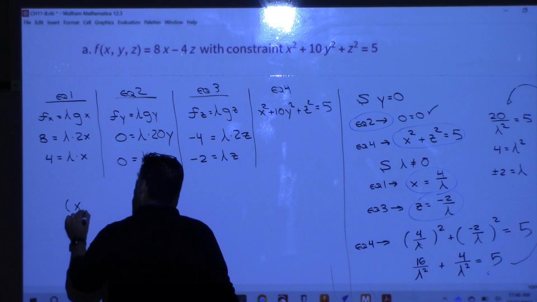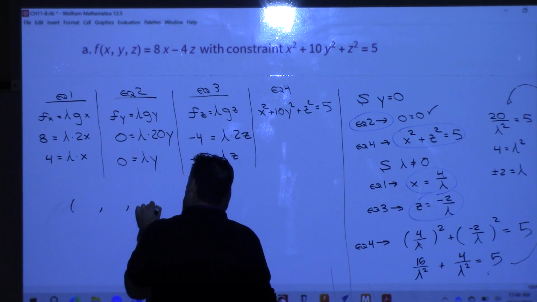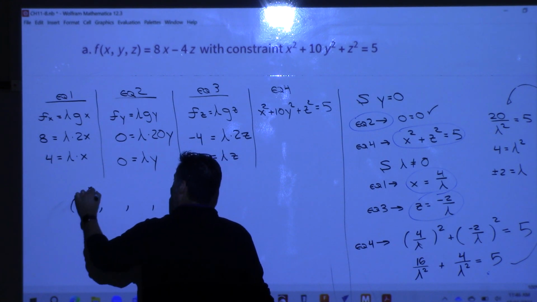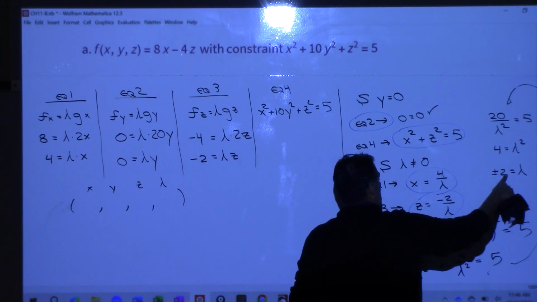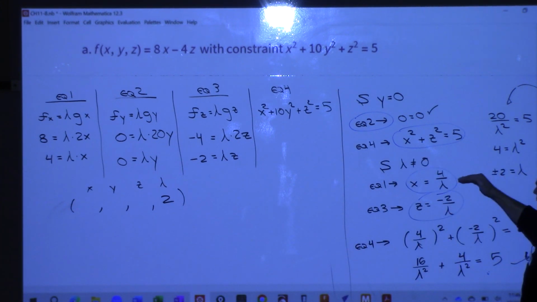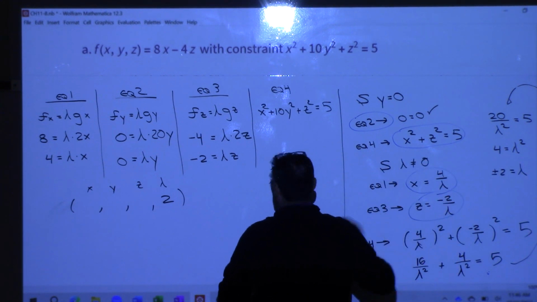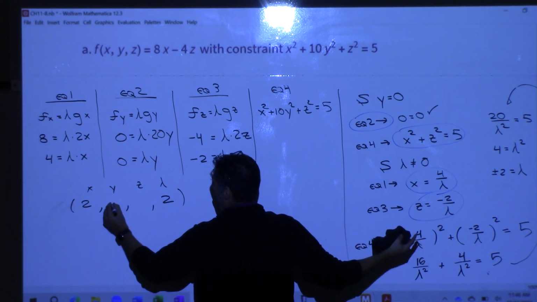I need x, y, z, lambda. We're starting with the fact that lambda is plus or minus 2. So if lambda is 2, what's x? 2, right? 4 over 2. What's y? 0. Y is 0 because that was our assumption, right?